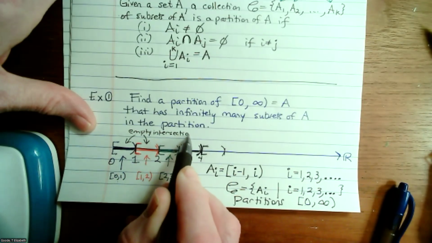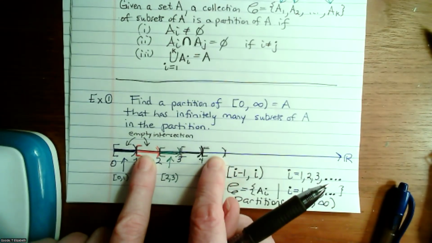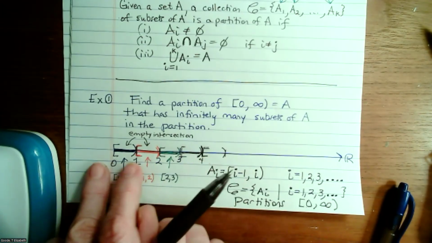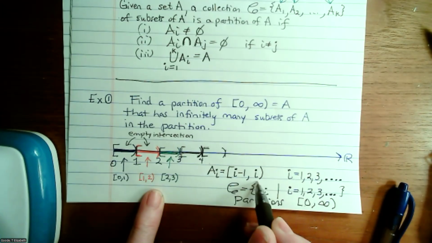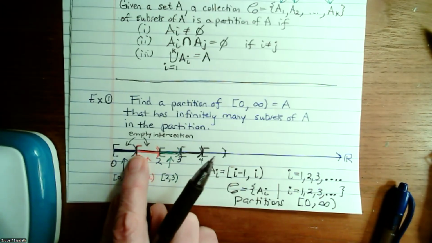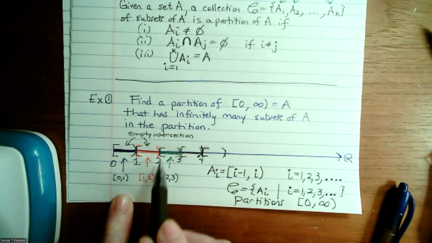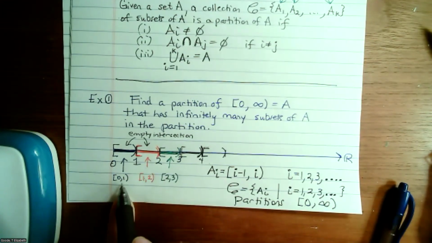Certainly if they're not sitting right next to each other, if you take this one here and this one here, they surely have an empty intersection. But because we're putting a square bracket on one end and a soft bracket on the other end, even intervals that are right next to each other have an empty intersection, right? Because the 1 is part of this set right here, but it's not part of that set right there.